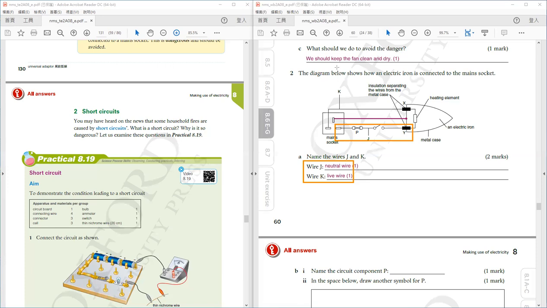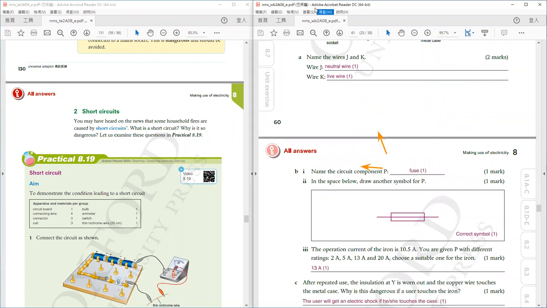Because in wire J, there's a neutral wire. Neutral wire is sometimes connected to a switch.